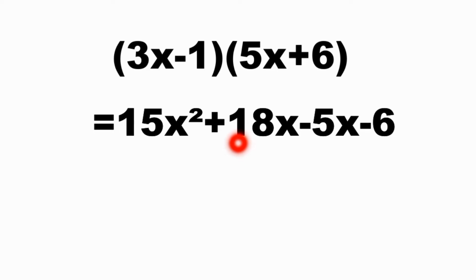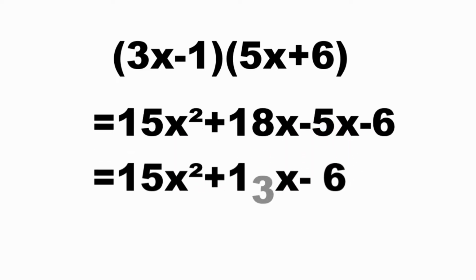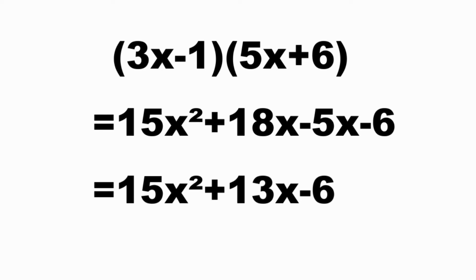This equals 13x, and so the final answer is 15x squared plus 13x minus 6. So the result for a binomial times a binomial is a trinomial.